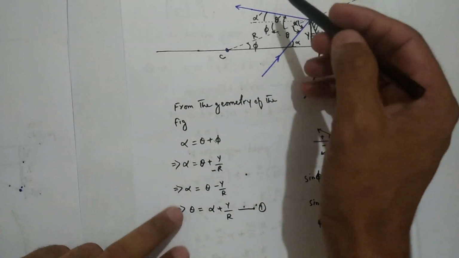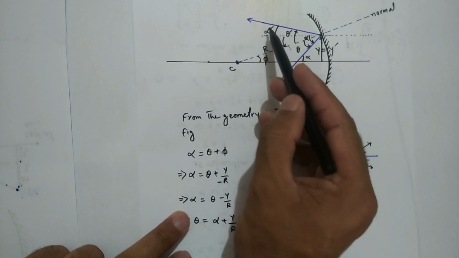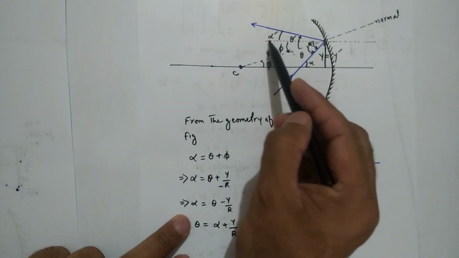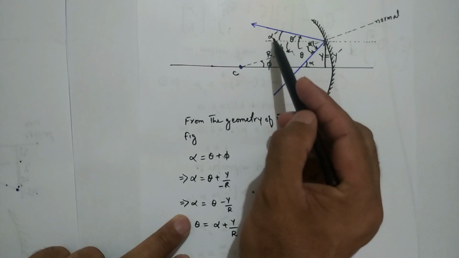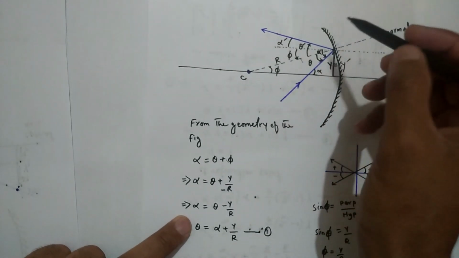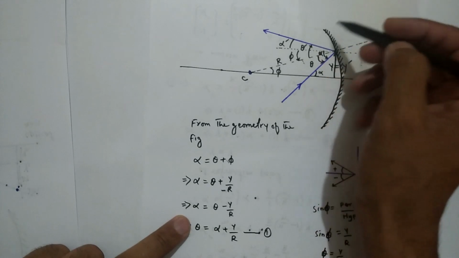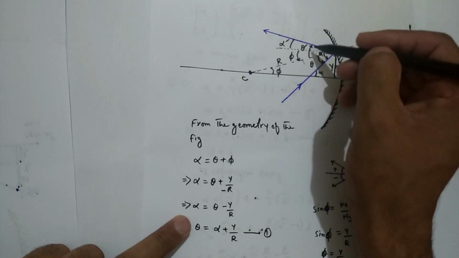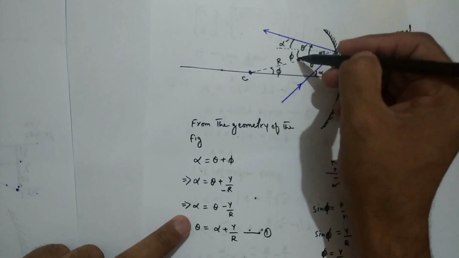Now alpha prime, the angle of the reflected ray with the optical axis. From this figure you see that this is equal to theta prime minus phi.